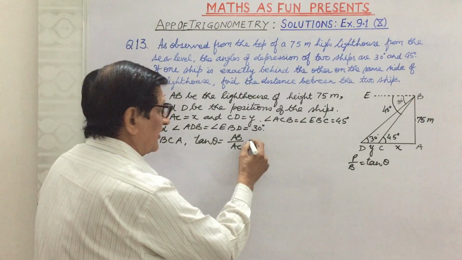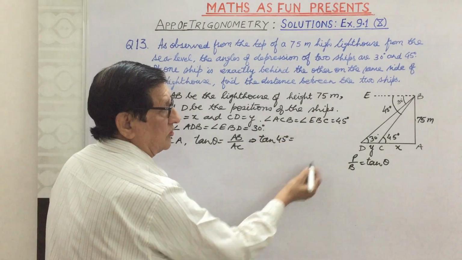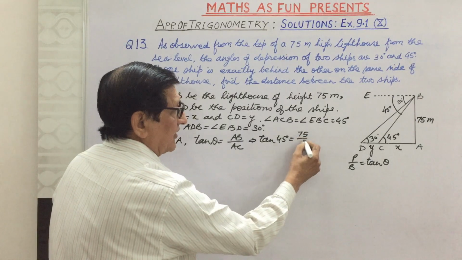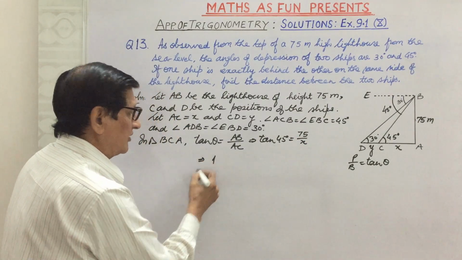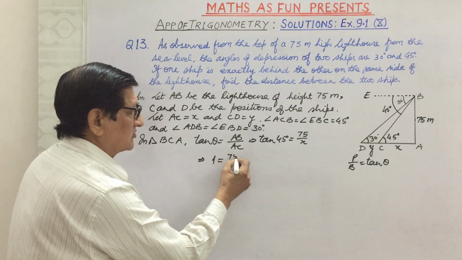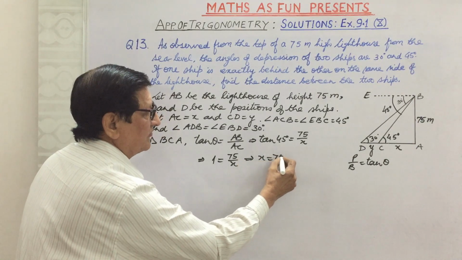Here theta is 45 degree, so we get tan 45 degrees equal to AB, means 75, upon AC, that is X. We know the value of tan 45 is 1. So this is 1 equal to 75 upon X. Cross multiplying we get X is equal to 75.